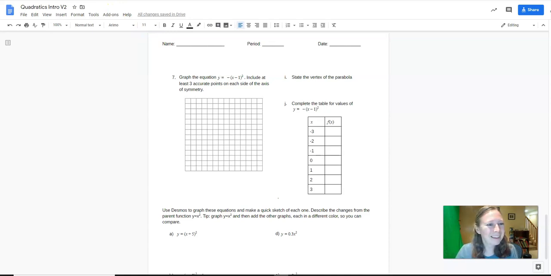Ready? Now, an order of operations note on this equation. When you have a negative in front of a set of parentheses, it's like multiplying by -1. And you do that in the same order you do multiplication. So you'll do parentheses first, x minus 1, square that, and then multiply by -1.